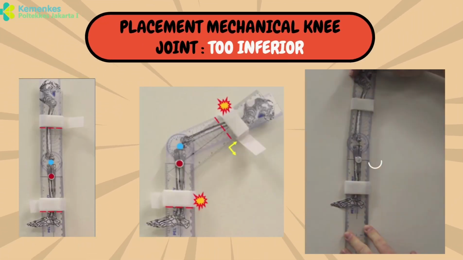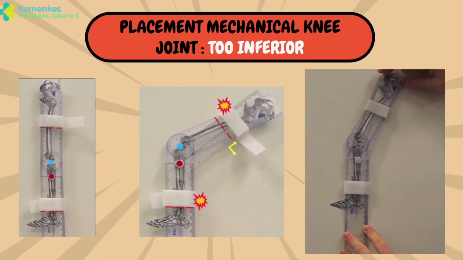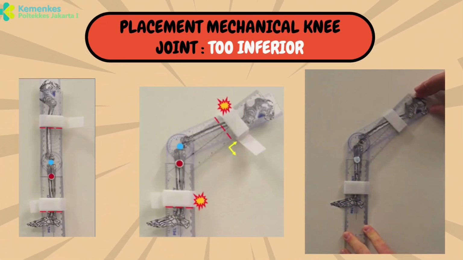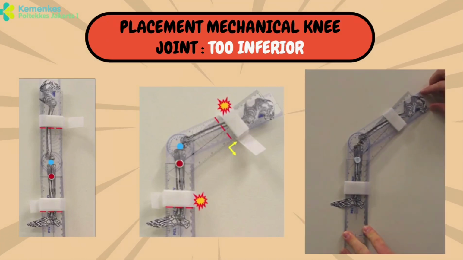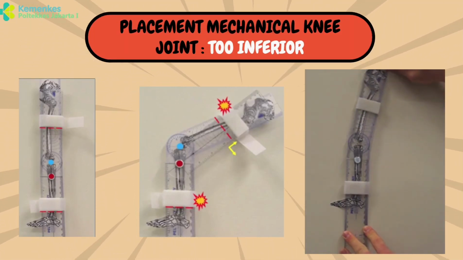So for the next what-if condition, when the mechanical knee joint is placed too inferior, as we can see in the video and picture, when the knee begins to flex, there will be pressure on the anterior proximal calf and posterior distal thigh, and it will create a gap on the posterior proximal calf and anterior distal thigh.